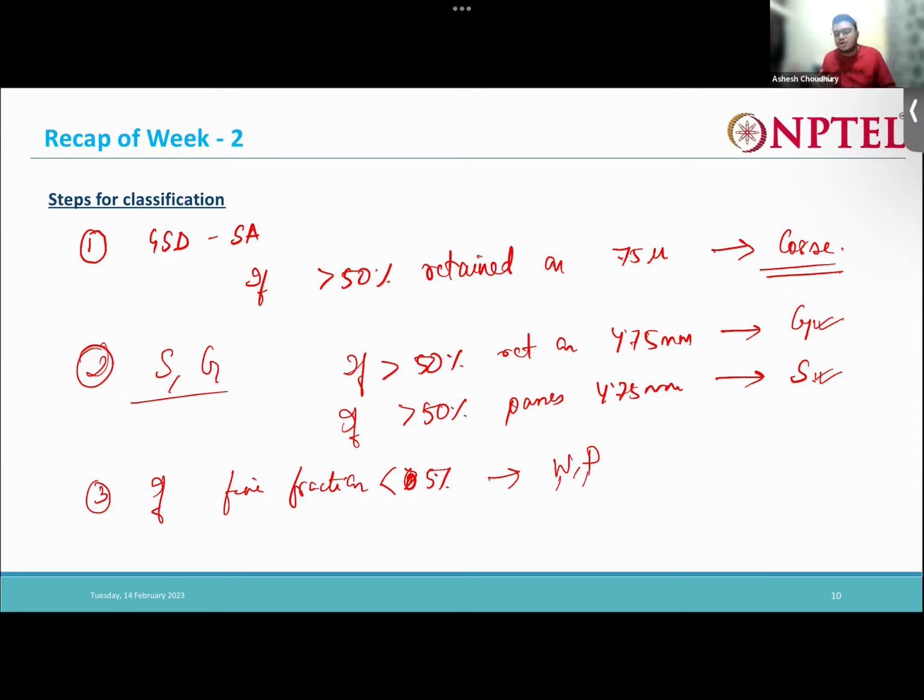If they fall in the given range, CC between 1 and 3, and for sands CU greater than 6, and for gravels CU greater than 4, then you can call your coarse fraction well graded, else it will be poorly graded. Done.